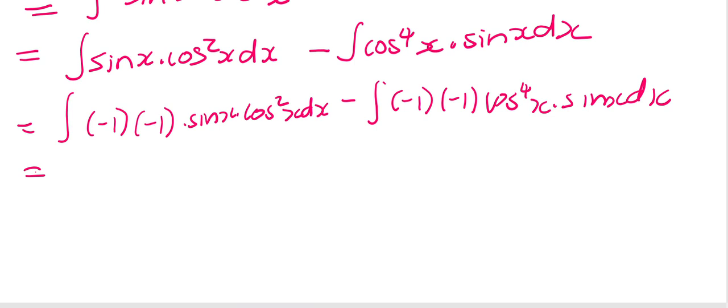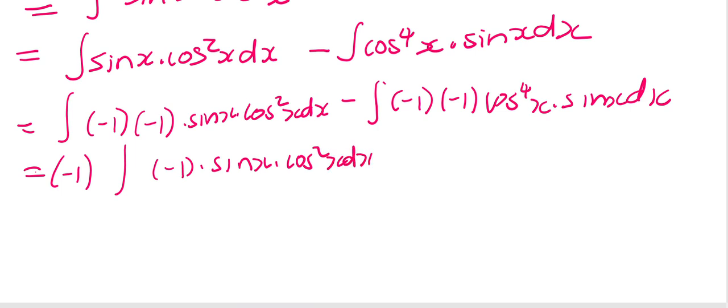We are allowed to do that because remember that -1 is a constant, so you can take a constant out of the integral sign, right? So we have -1 times the integral of sine of x times cos squared x dx minus, here we also have to take out the -1.